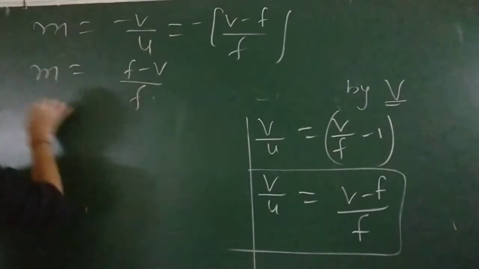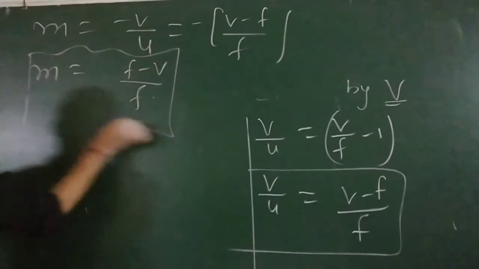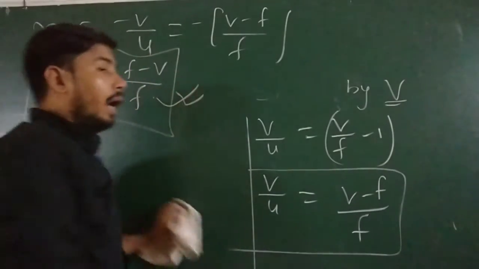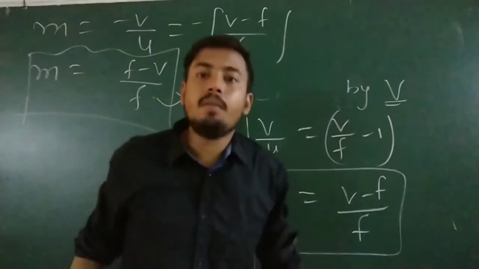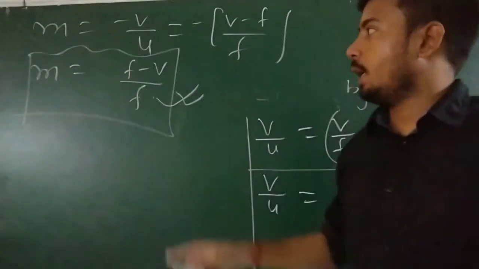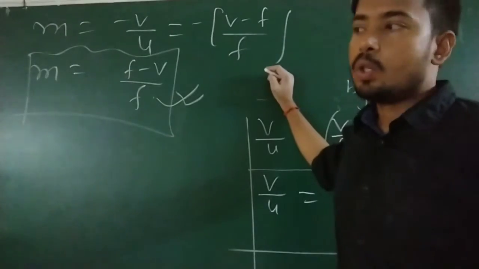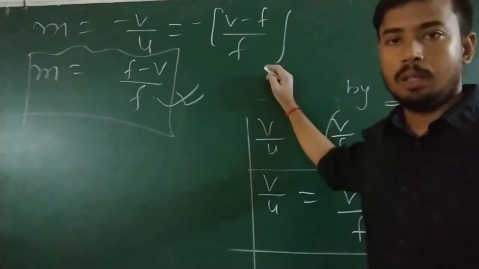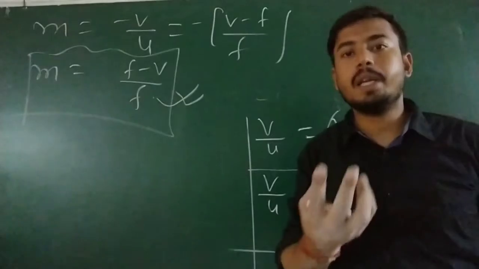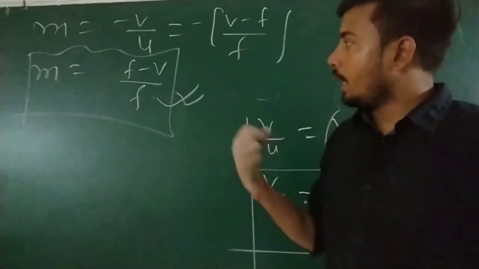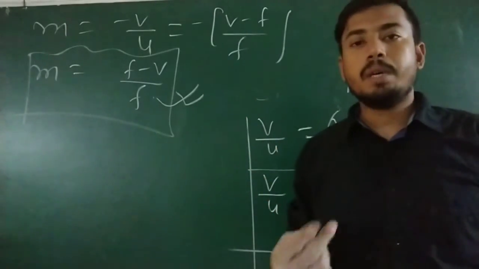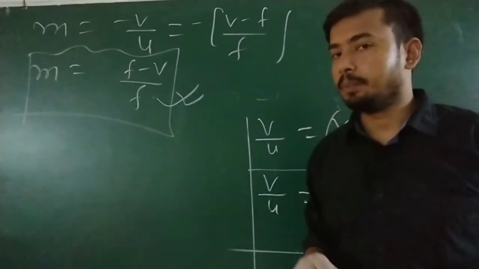So this is the magnification, another formula. Again, this will help us to save our time. How? Suppose the position of image is given, focal length is given. So no need to calculate u. Either you can calculate u, but it will take longer time. So directly we can use this formula and we can save our time.